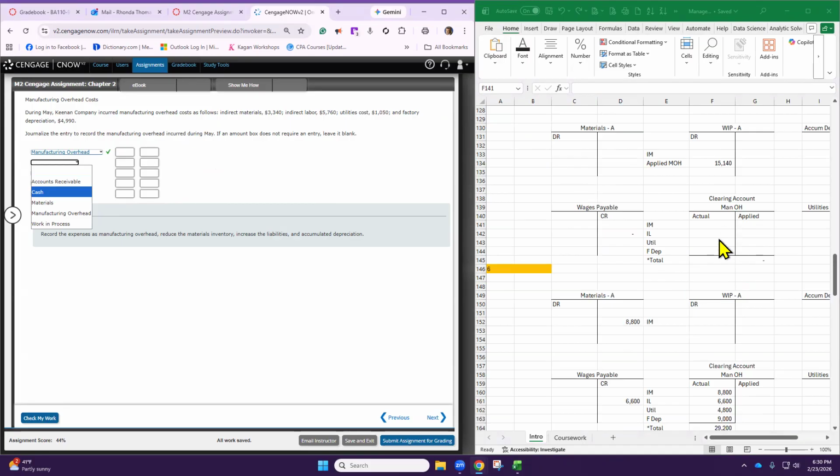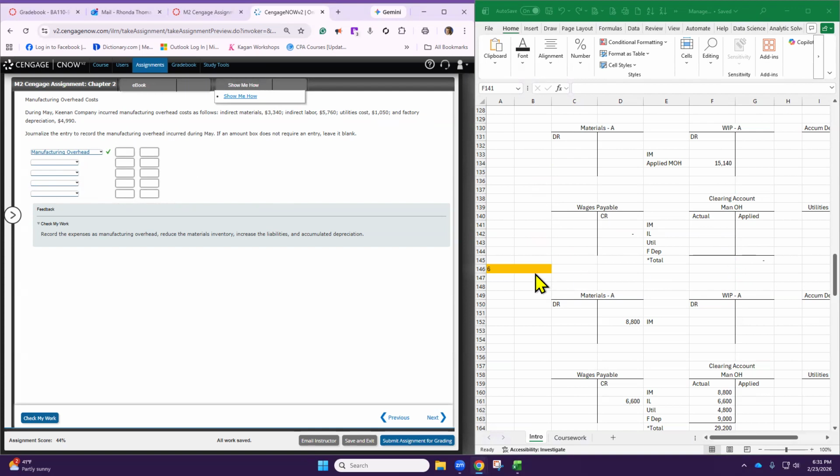Okay, while it is so indirect, utilities and factory, those all qualify as manufacturing overhead. The entire amount of manufacturing overhead is those amounts added together.